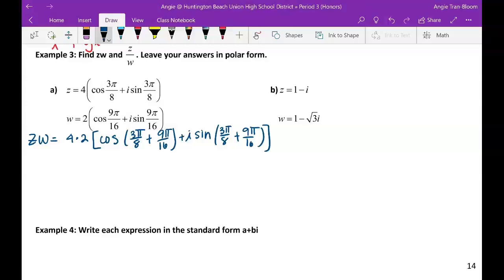If they give you radians in the original problem, then keep it as radians. So the common denominator tells me that this is a 16. So this would turn into 6 pi over 16. So my final answer when I multiply is 8 cosine of 6 pi plus 9 pi over 16, which is now what?